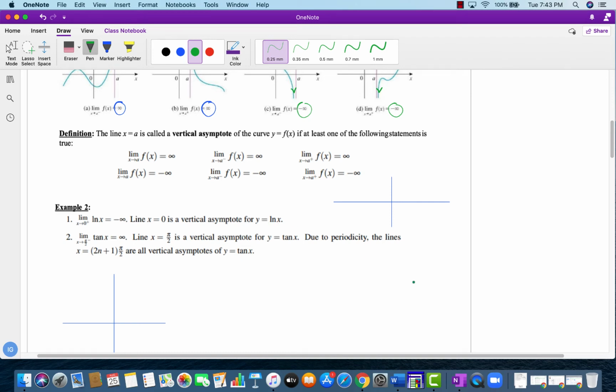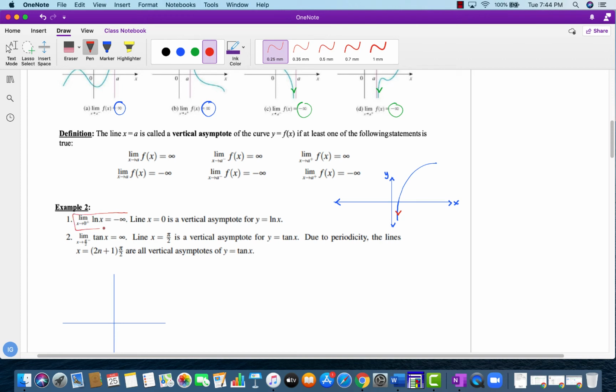If we draw a little sketch, we know ln of x is going to look something like this. And as you're approaching x equals 0 from the right hand side, you are going to go to negative infinity. So that's what this is saying.